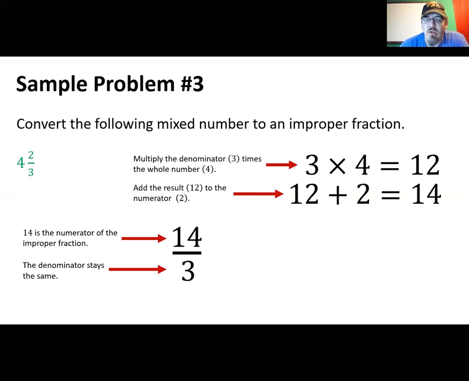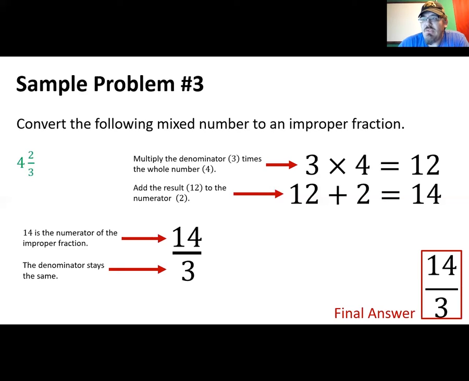So 4 2/3 originally meant that you had 4 whole pizzas, and then 2/3 of another one. 14/3 basically means that you've got your pizzas cut into thirds and you've got 14 slices, 14 pieces all together. No matter how you put it together, you end up with the same amount. So our original mixed number is now written as an improper fraction, 14/3.